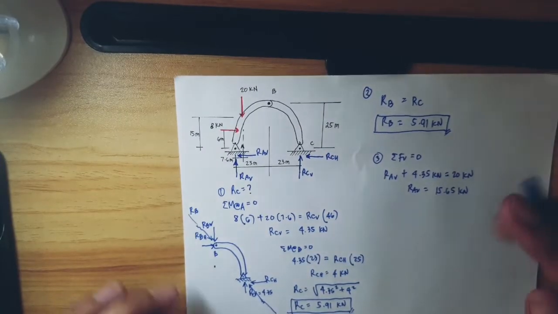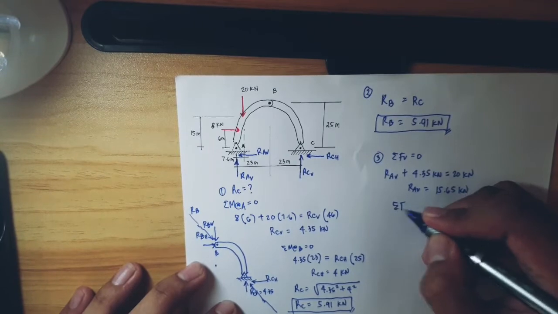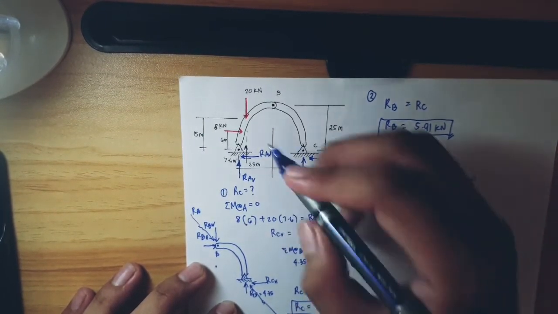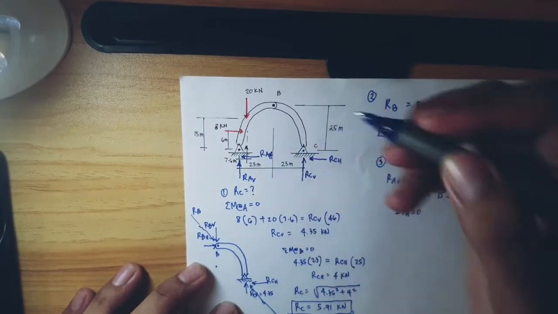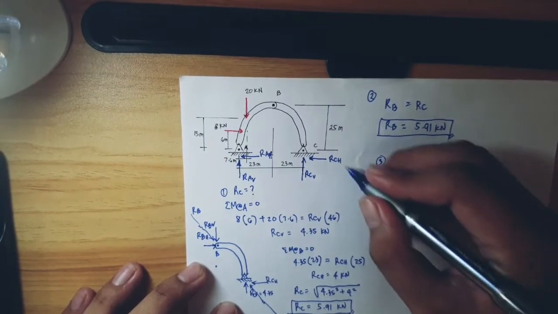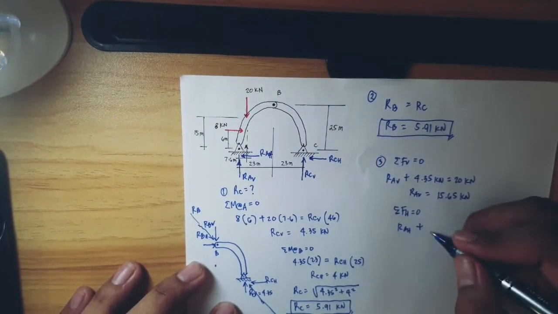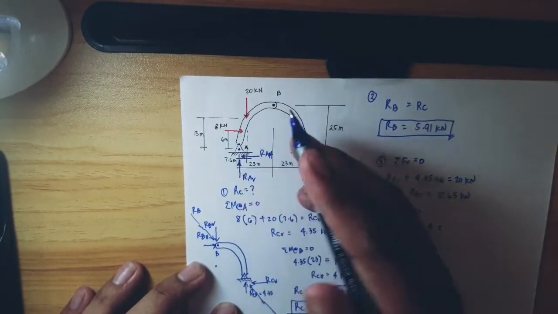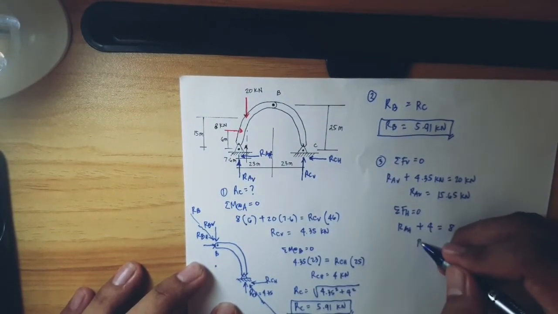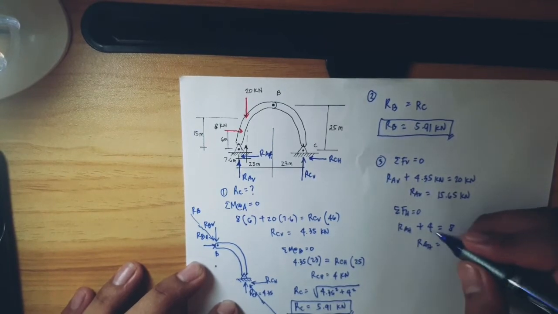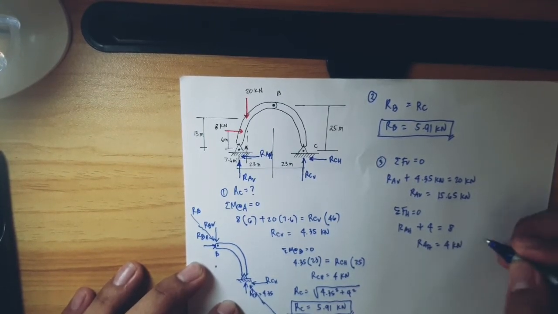For the horizontal, summation forces horizontal equal to 0. RAH plus RCH, which is 4, is equal to, ngayon lang gina-resist nga 8 kilonewton. So RAH is still 4, 8 minus 4, that is 4 kilonewton.